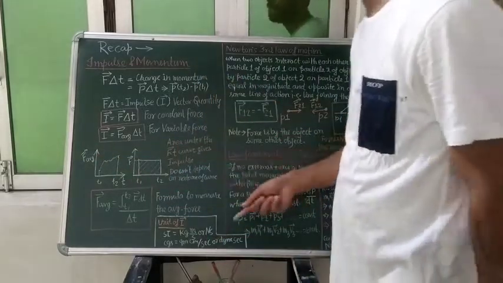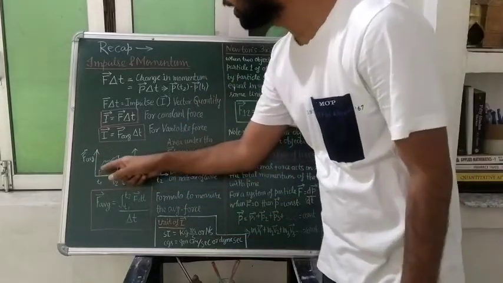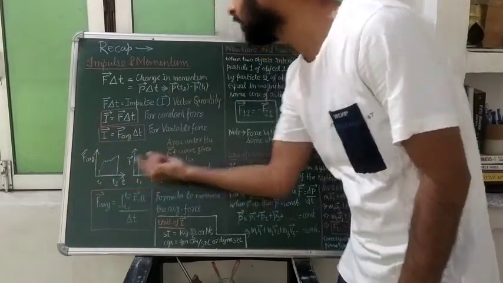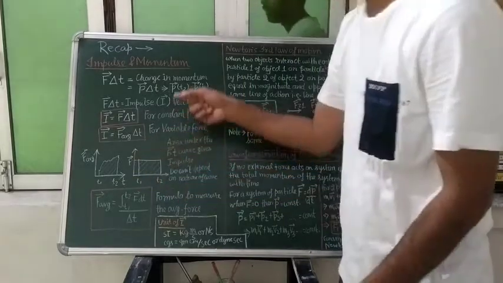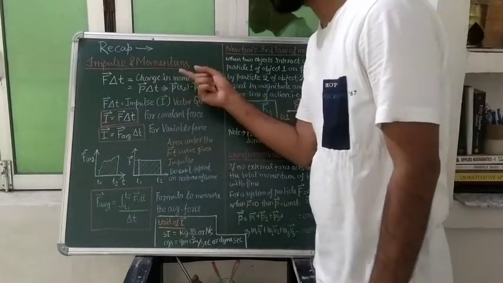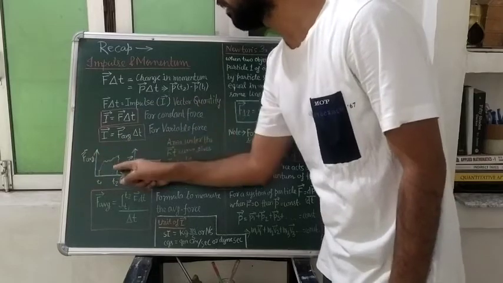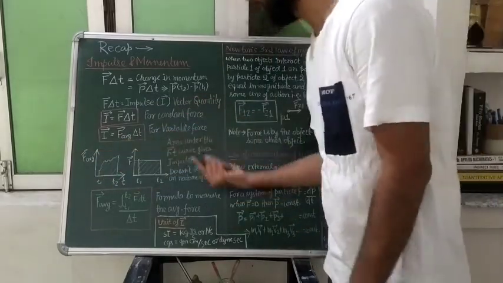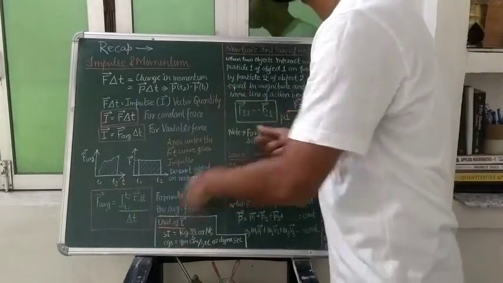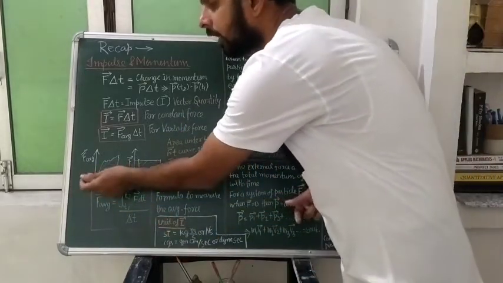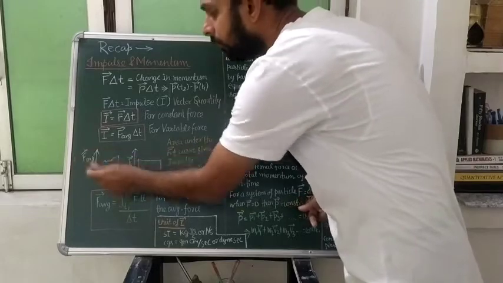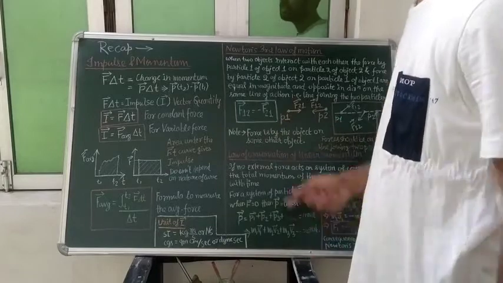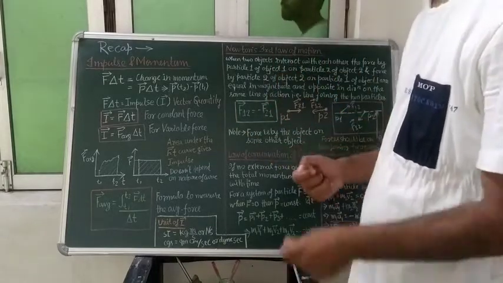Here we are saying F average times delta T, and we were getting the force-time graph. We said the area under the F-T curve is the area, length into breadth, so the area is F times delta T. And F times delta T is the impulse only.